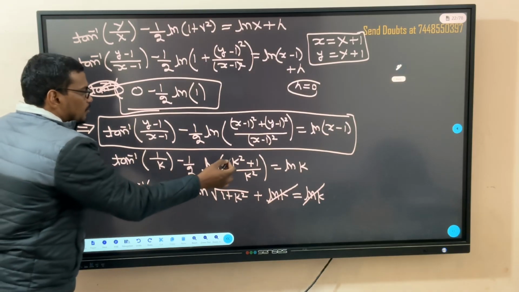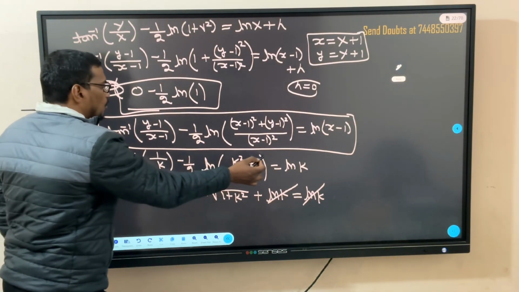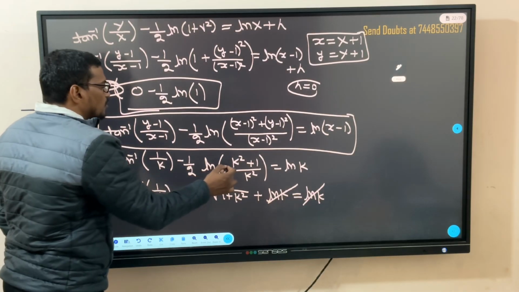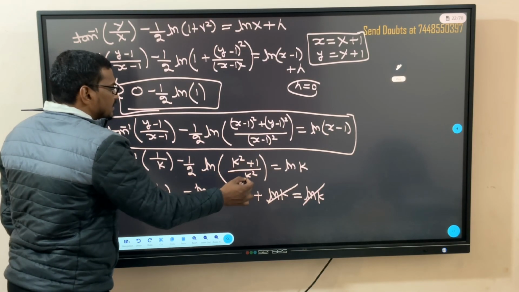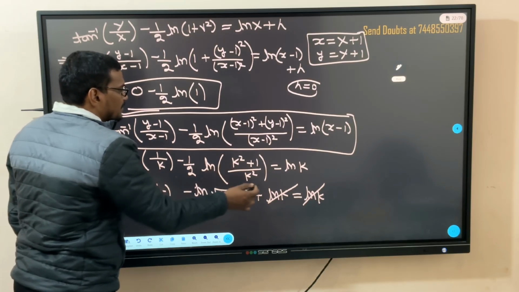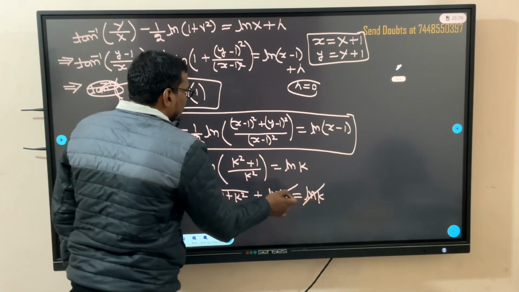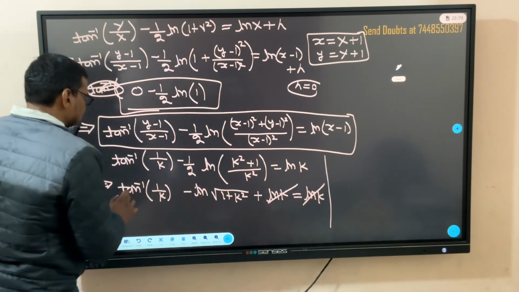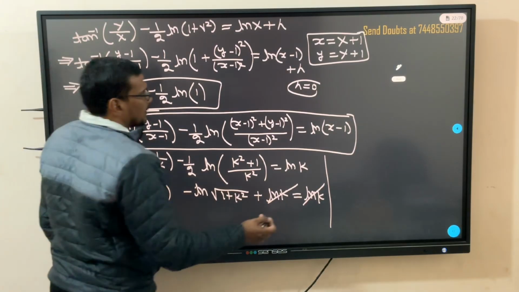This half will go to this whole power, so you will get ln of root 1 plus k square, and here k only. So finally it will be ln of root 1 plus k square minus ln k, minus minus will be plus. So this ln k will get cancelled. So what is tan inverse 1 by k minus ln 1 plus k square?